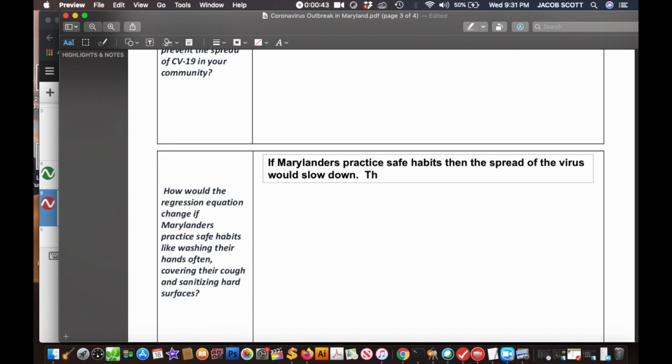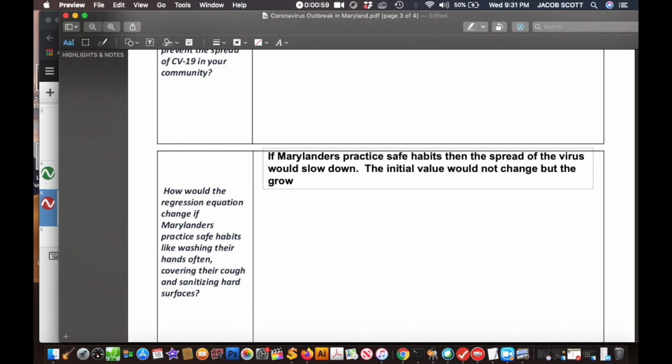The initial value would not change, but the growth factor would decrease.